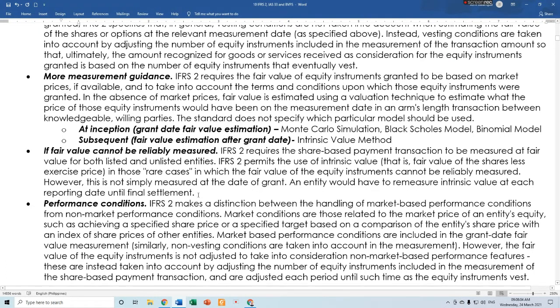Yung sinasabi ko kanina, kapag hindi mo talaga ma-measure, you're going to use intrinsic value method, and the intrinsic value method is going to be determined by getting the differences of the values of the shares, okay, in between periods, from period to period hanggang magkaroon ng settlement. Okay?